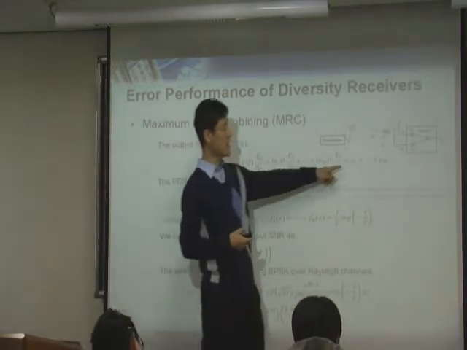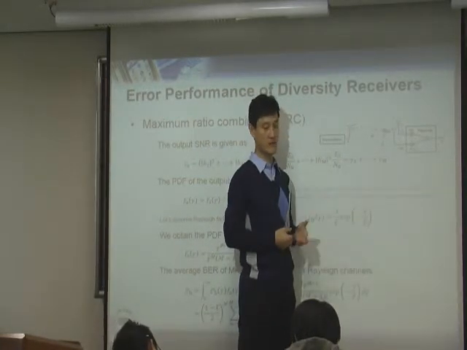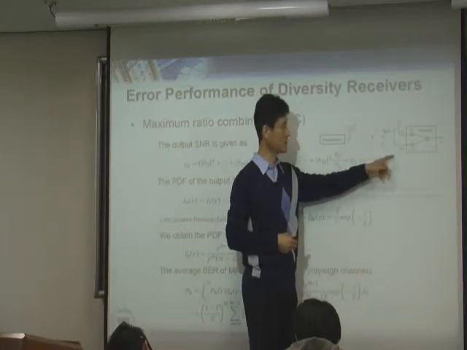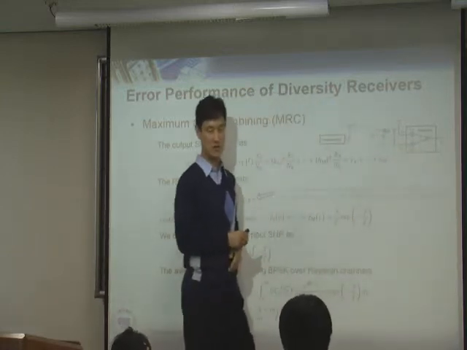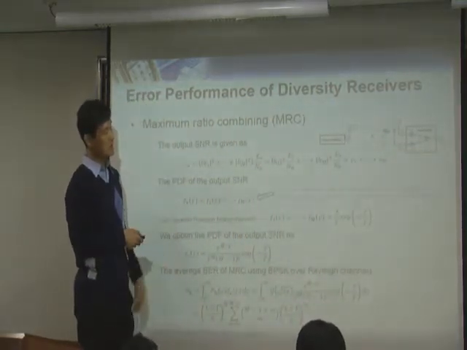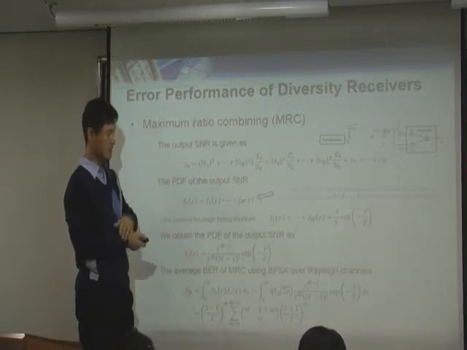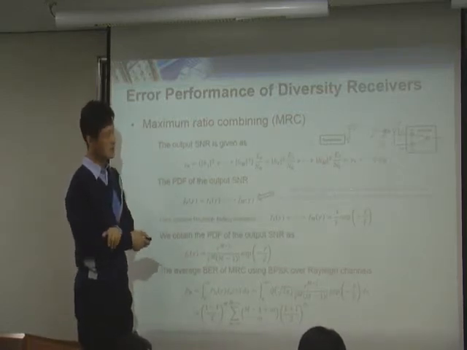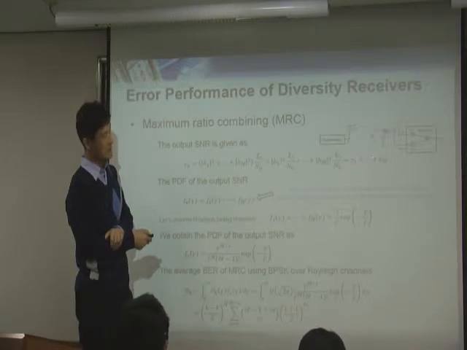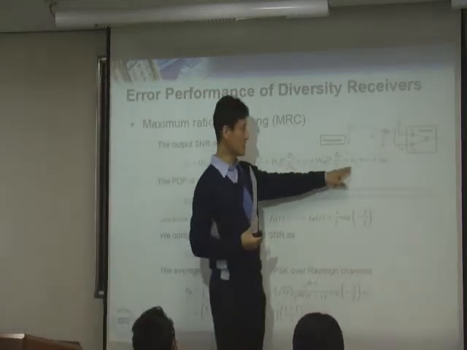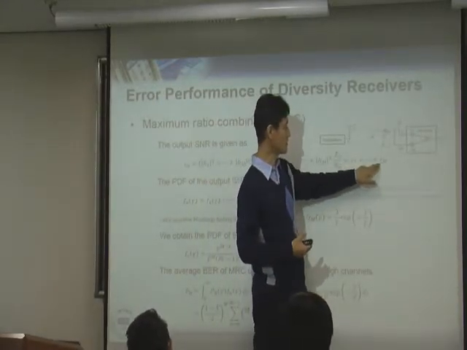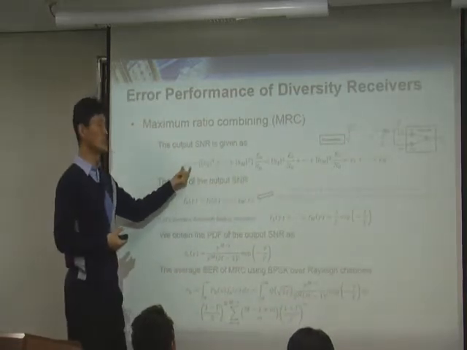Now you know that each SNR gamma is a random variable. It is random because we know that H is random. So now let's go back to some basic probability and stochastic theory. If you add multiple random variables, what happens to your PDF? You are adding multiple random variables and defining that as a new random variable.